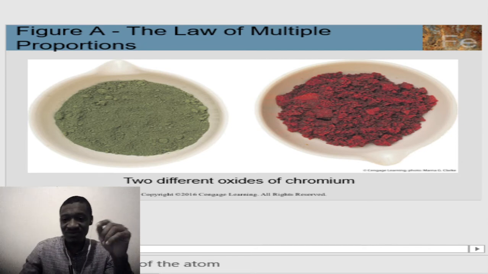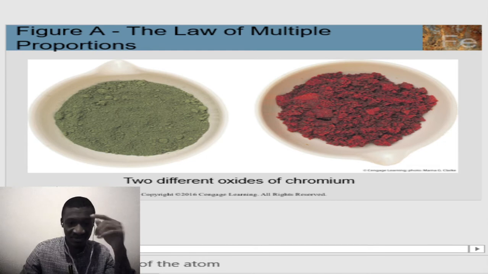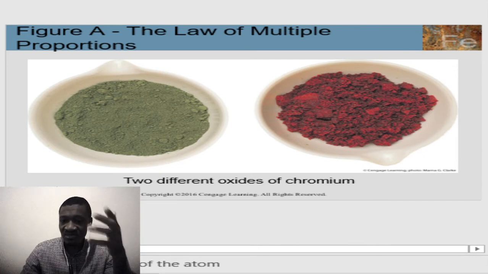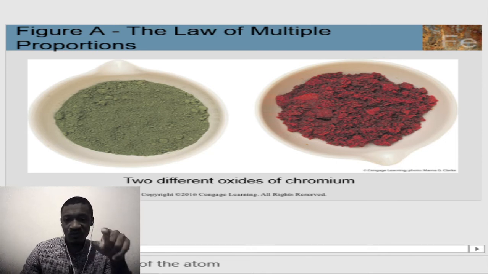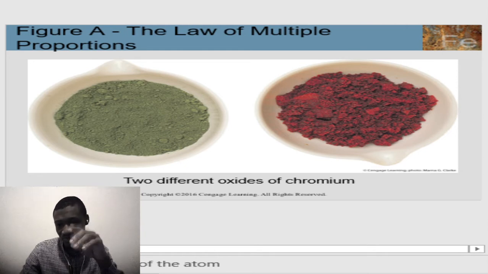So the symbol for it is Cr. That's just a joke, I didn't hear anybody saying anything. I'm just assuming you did if you're good with your periodic tables. So Cr is the symbol for chromium. It's not C, it's not CH, it's Cr. So the two of them are different on the basis of the amount of oxygen in them.